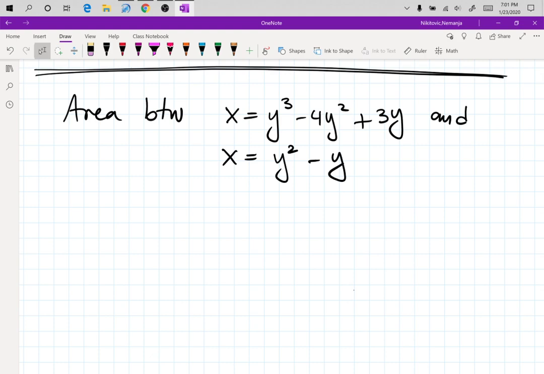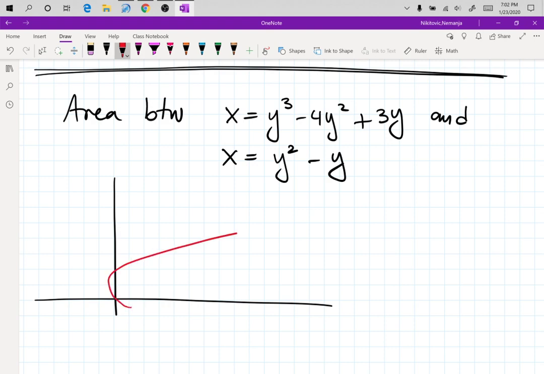So if I am to attempt and graph this monstrosity, I'm going to start by graphing the parabola first, and then I'm going to snake through the cubic function.